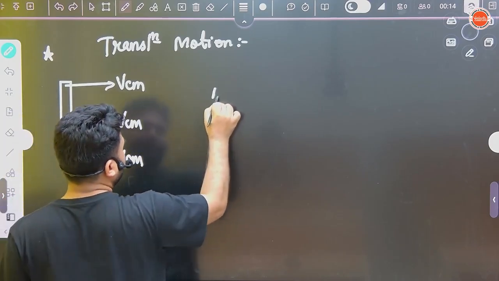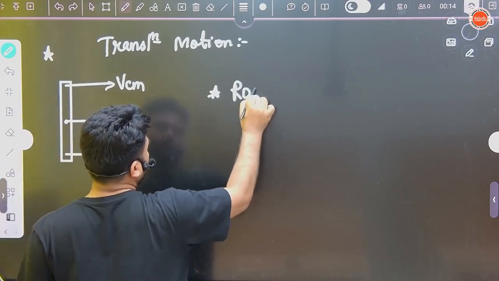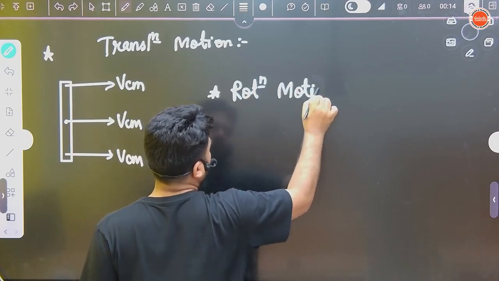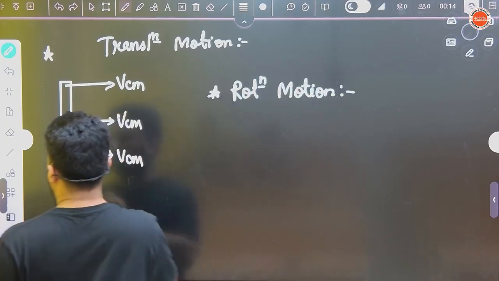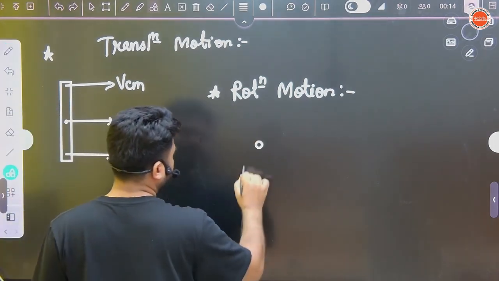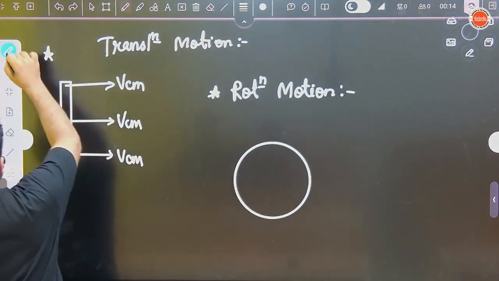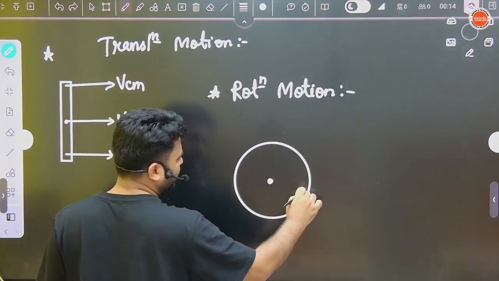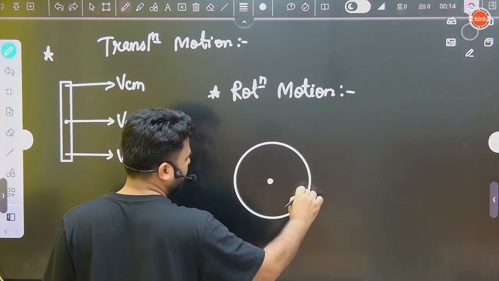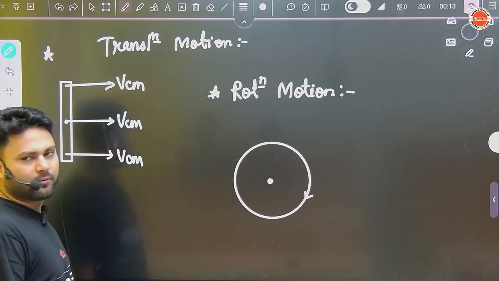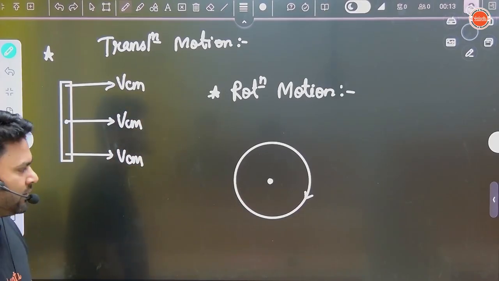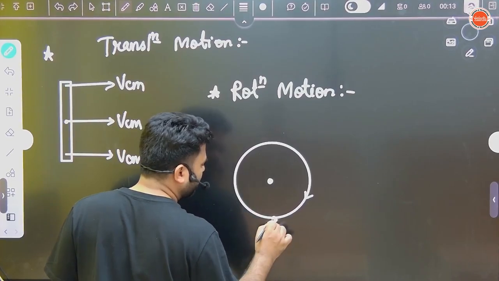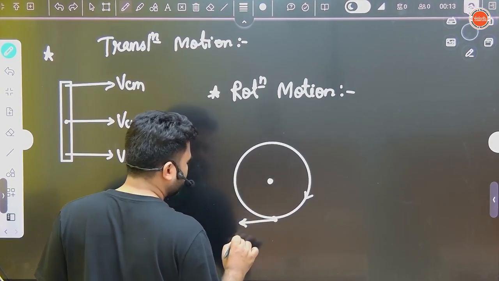Next is rotation motion. In rotation, what happens? Suppose there is a disc, a CD, or any particle rotating like this. This is the center of rotation. The particle is rotating like this. If I ask what is the direction of linear velocity here, you will write the tangent.